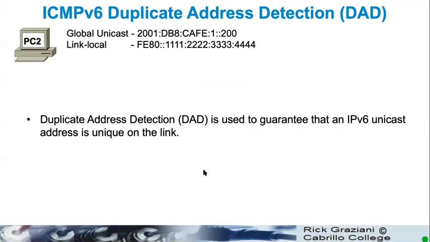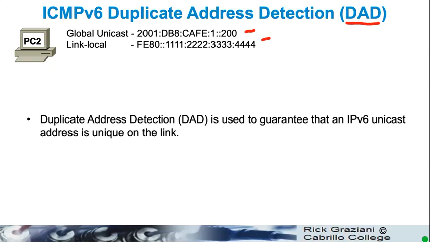Duplicate address detection. Neighbor solicitation messages and neighbor advertisements are used to make sure, when a device creates any unicast address, global unicast or link local, it doesn't matter whether it was created dynamically from SLAAC, DHCPv6, or manually, that no one else is using it. Although DAD, duplicate address detection, is recommended but not required, just about all operating systems do this.